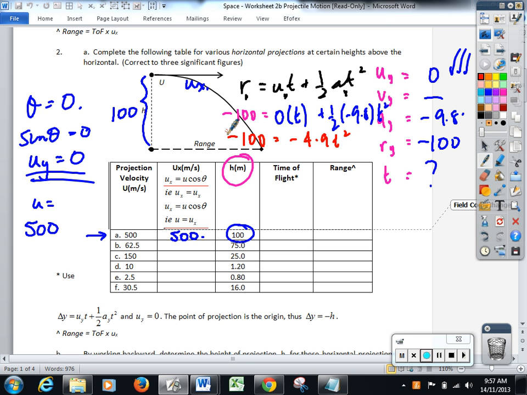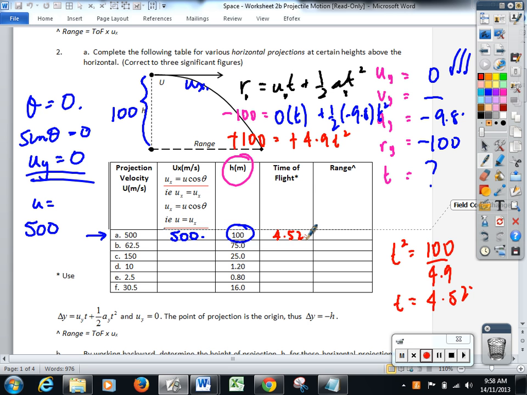What will happen to the two negatives? Cancels. That means we can take a square root now. So we get t squared equals 100 divided by 4.9. That's approximately 5. So it's going to be about the square root of 20. And that gives us t equaling 4.52. Okay? So the time of flight is 4.52 because remember, time of flight is defined as the time that it's in the air. Okay, before it strikes something.